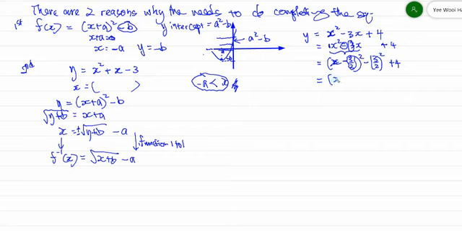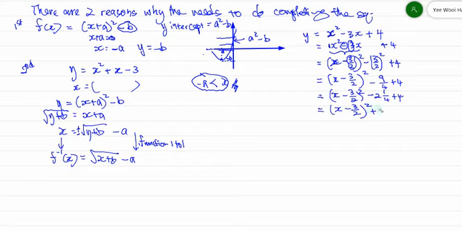This is x minus 3/2 squared minus 9/4 plus 4, which is minus 2 1/4 plus 4, and that will give you x minus 3/2 squared plus 1 3/4.